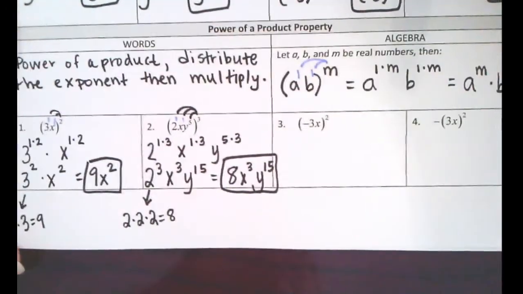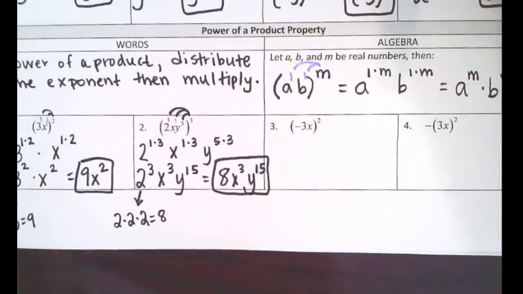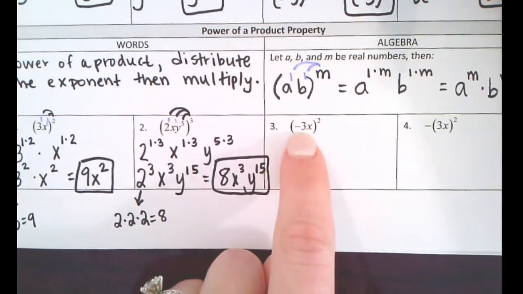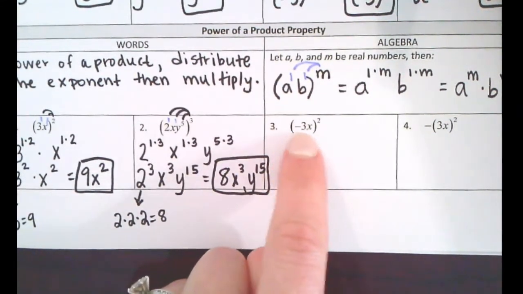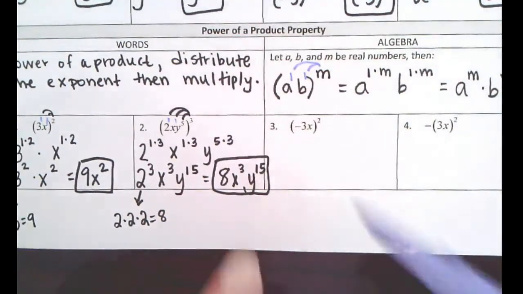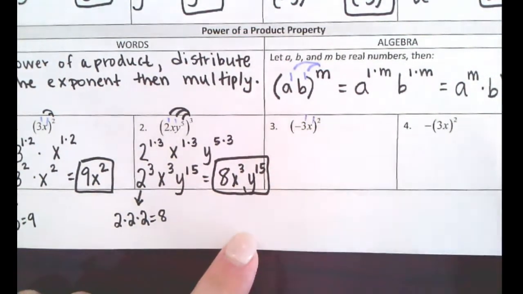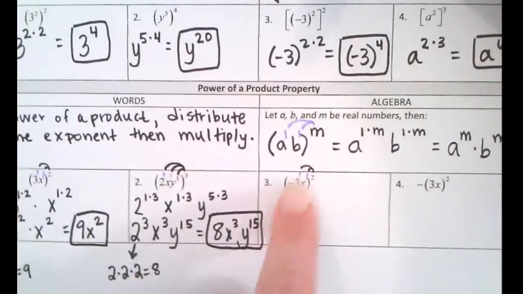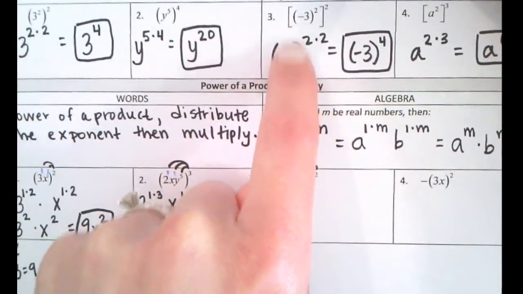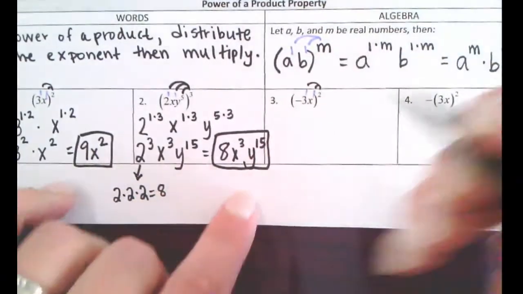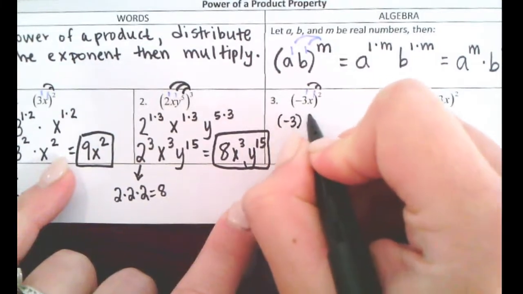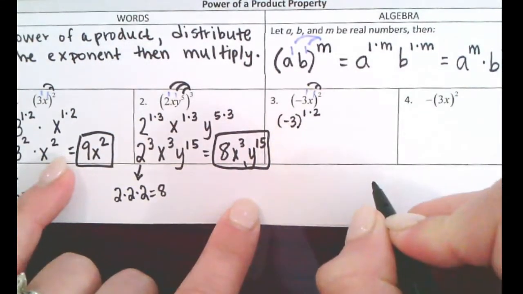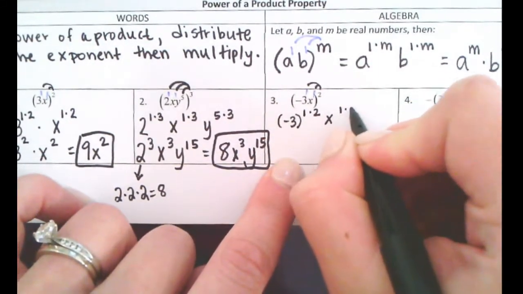Number 3, I have (negative 3x) squared. Notice my negative 3 and my x inside parentheses. The power of negative 3 is 1, and the power of x is 1. So when I distribute my 2 to both of those, I'm going to keep this negative 3 inside parentheses, just like I kept it inside parentheses here. So I have negative 3 raised to the 1 times 2, and x raised to the 1 times 2.